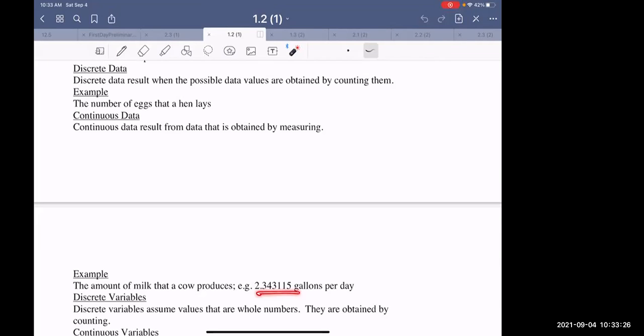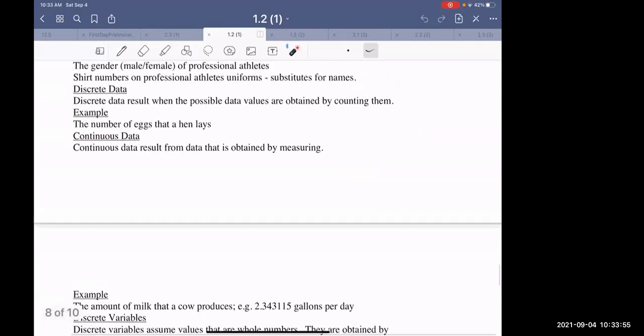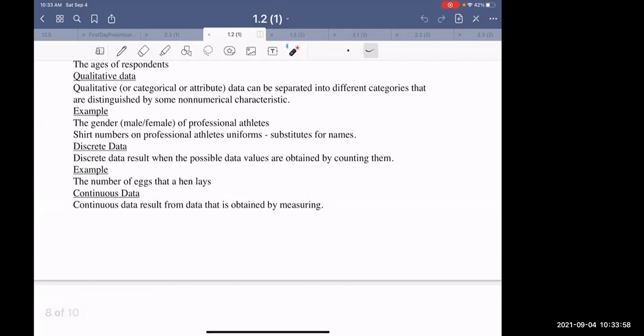This amount depends on your measuring instrument. If instead of gallons per day I want liters per day, this value is different. So if your result depends on the instrument that you're measuring with, then this is continuous. Whereas if this result does not depend on an instrument, then it's discrete.